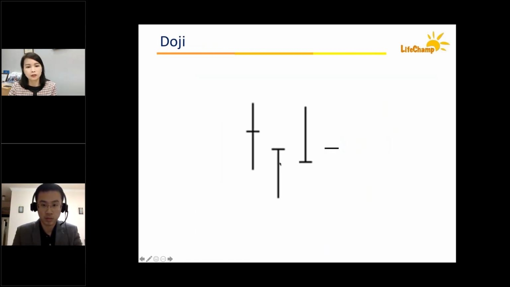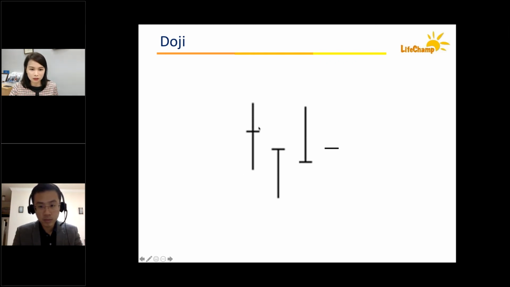Next, the Doji. Doji is a candlestick pattern that tells you about indecisiveness, unsure. Here you open at this particular price, then that day you went all the way up, all the way down, and finally closed back at the original price.